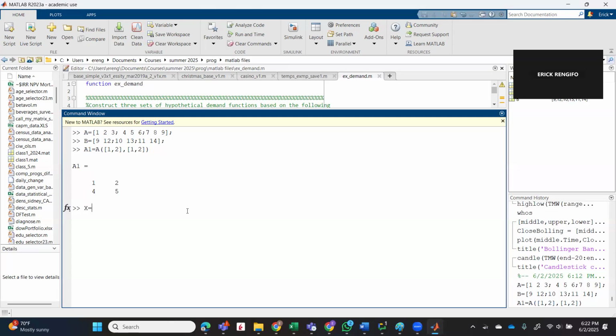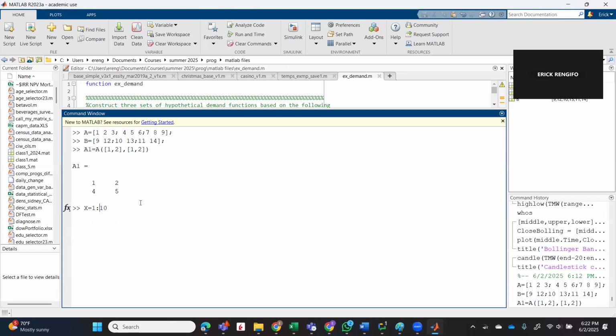For example, I have x equals 1 to 10. What is this sequence doing? It's getting all the numbers between 1 and 10. If I use only 2 arguments here, this is going to go 1 by 1. So normally what I can do is this. It's exactly the same. Got it?